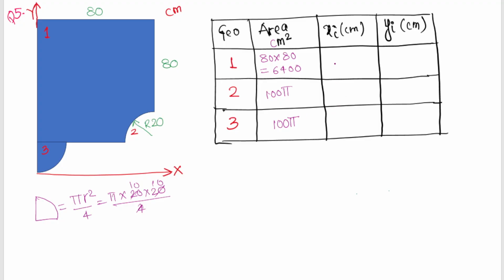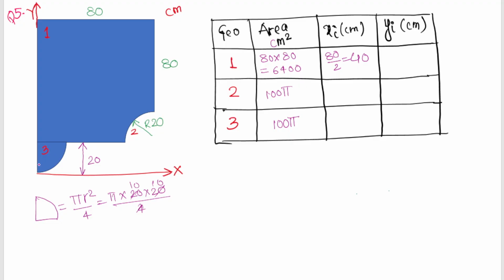Now let's find out the location of the centroid of respective areas in x and y direction. So first thing, my area 1 is in contact with the reference axis, leftmost part. So here for x direction, this x bar will be half of the total length. So total length is 80 by 2, which is equal to 40. And then y, now remember there is a distance between this reference axis and the geometry 1, and this distance is nothing but the radius 20, because remember we have taken out this geometry and placed it here.